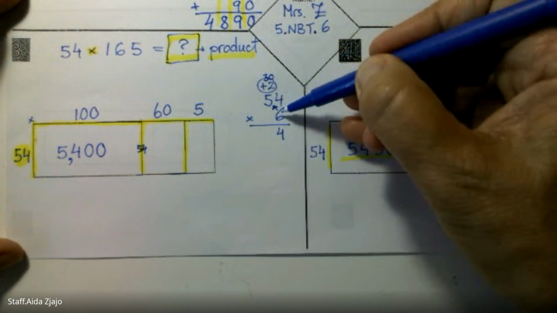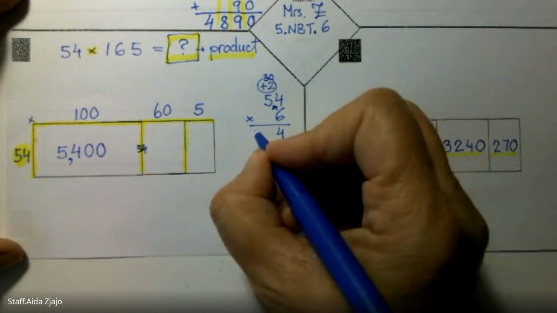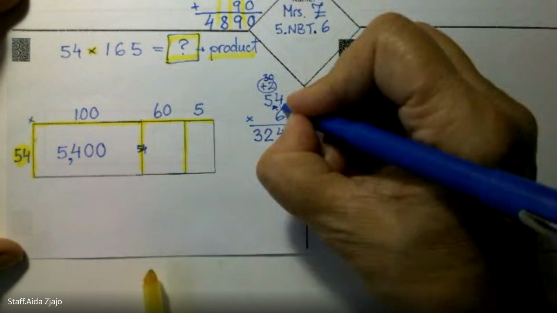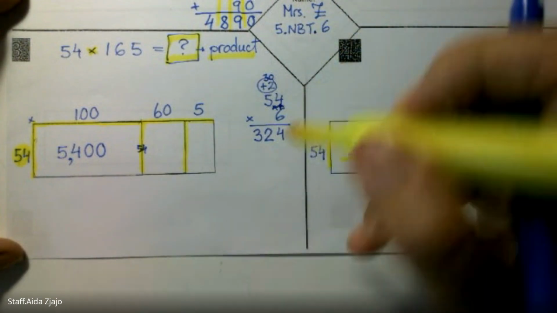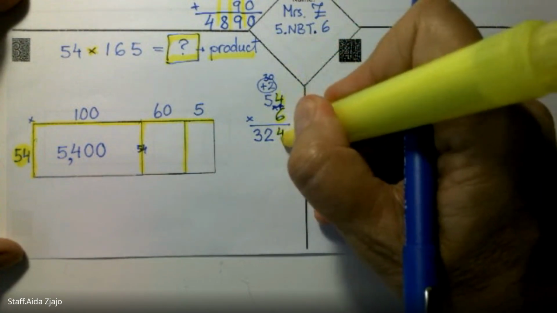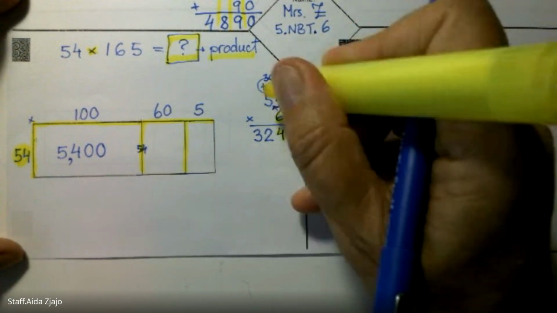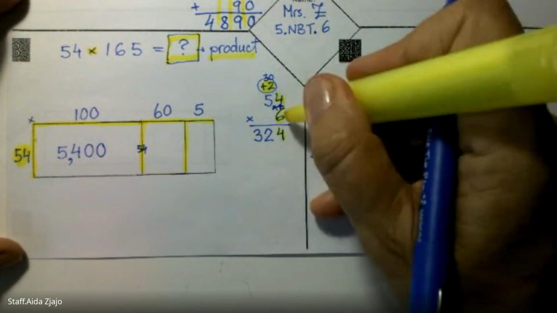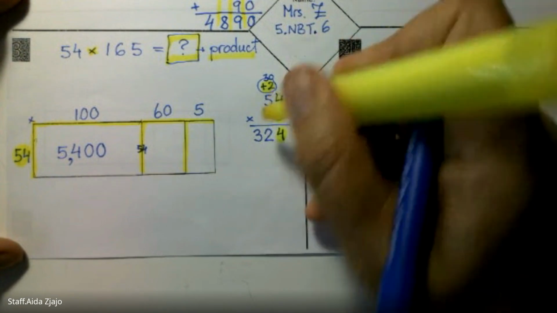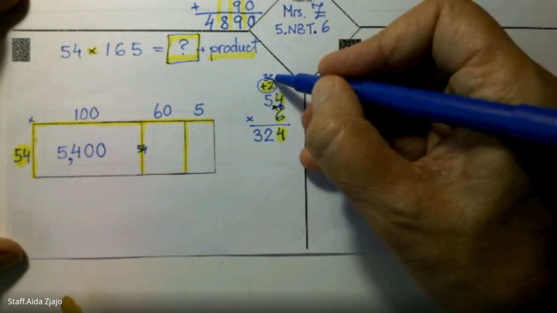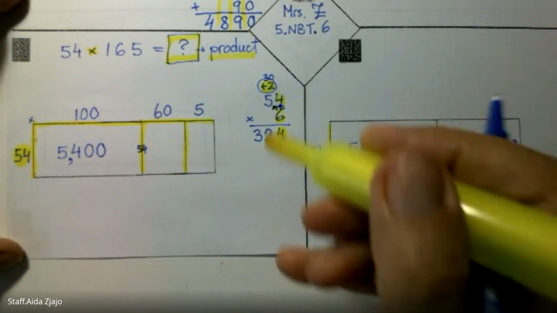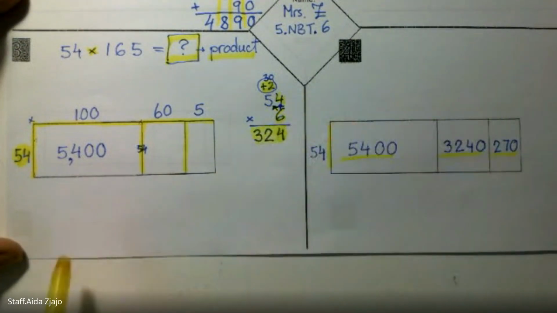So 30 plus 2 is 32. I like to use arrows, like I did 6 times 4, and that was 24. So 2 tens I remember, and the 4 ones stay. Now I'm moving to the 5 tens. 6 times 5 I write is 30, and then adding 2 makes 32. So the answer is 324.